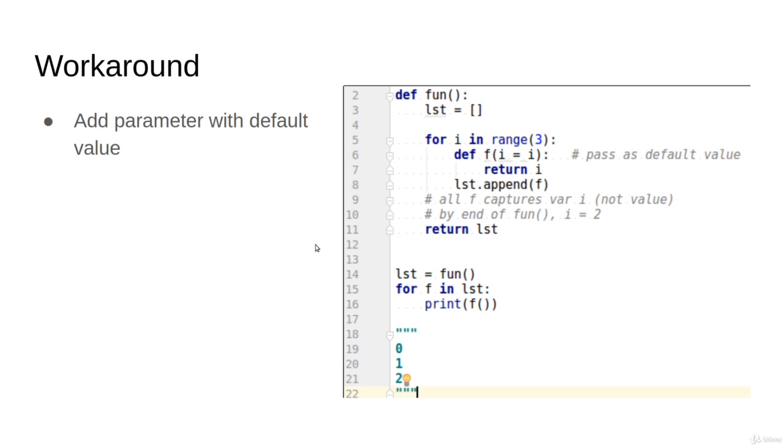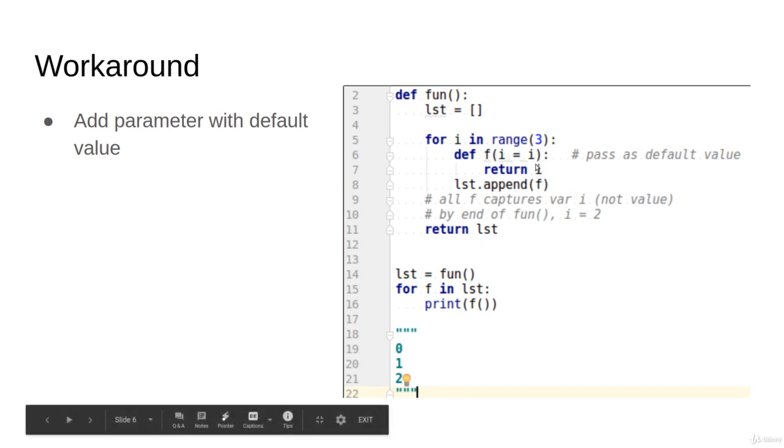There is one workaround for this problem as follows. We are going to pass the variable i: we will give the function f a default parameter i, and give it a default value of i itself. This way we are forcing it to look at its own local variable i. So the way we change it, we actually give it its own copy of i.